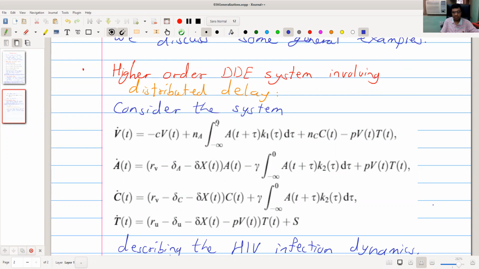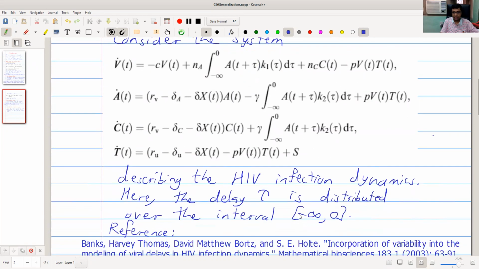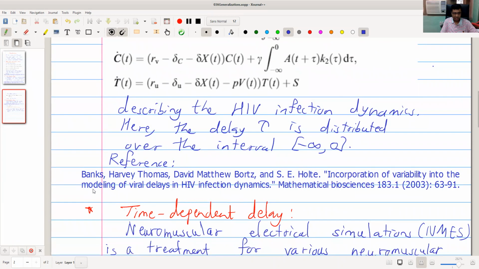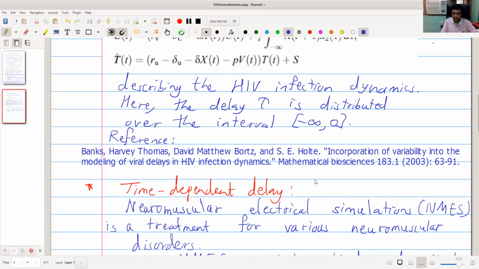Tau is from minus infinity to 0, meaning this delay is distributed over the interval minus infinity to 0. Such models are called differential equations with distributed delay, and this is a system describing HIV infection dynamics. It is discussed by Banks and others in the journal Mathematical Biosciences.